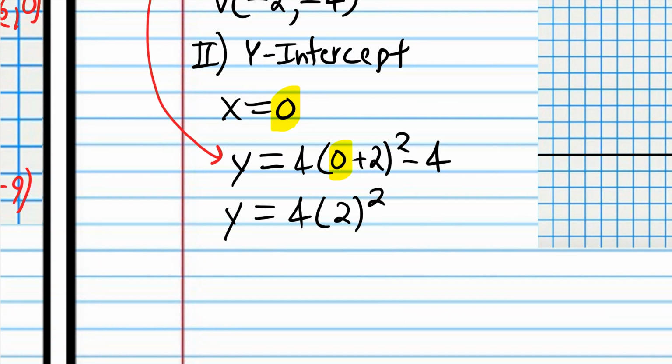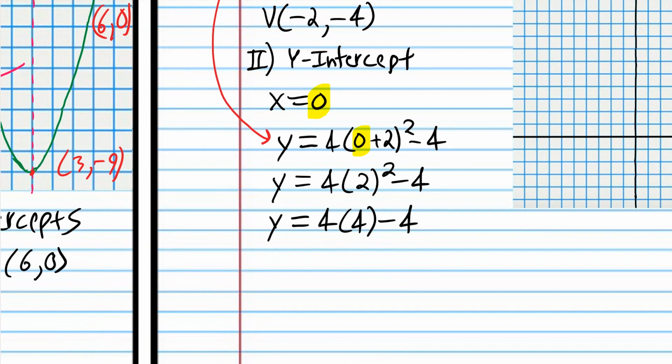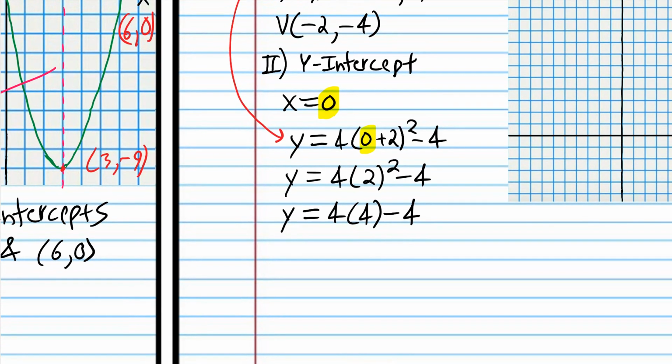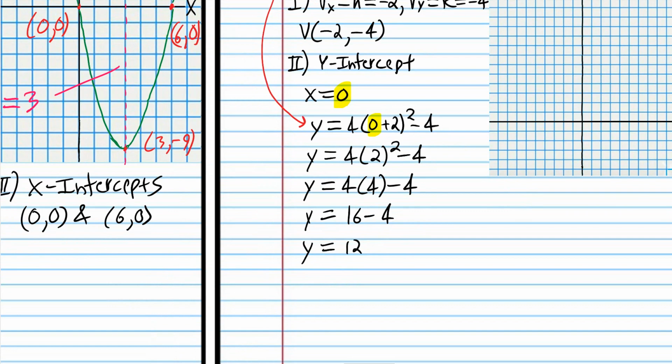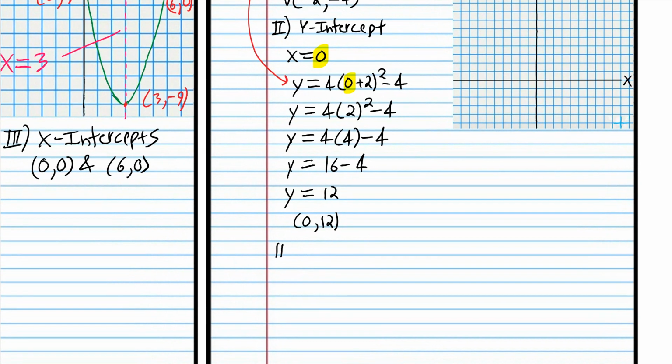I'm going to show it just to give you a little bit of review, but PEMDAS is really something you should know by now. Remember, parentheses first, then exponents, then multiplication, then division, then addition, then subtraction. And so we get 16 minus 4, which is 12. Therefore, the y-intercept is 0, 12. Remember, the x value of the y-intercept is always 0. That's how we find it.